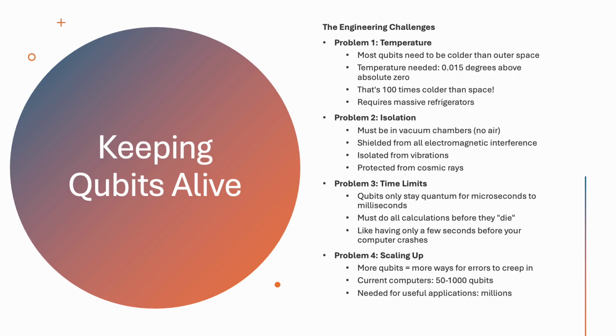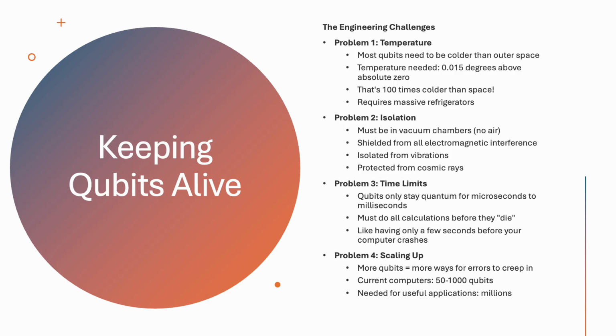The entire apparatus sits on a vibration isolation system, like shock absorbers, to prevent floor vibrations from disturbing the qubits. Some facilities even shield against cosmic rays from space. All of this infrastructure is needed just to give qubits a chance to maintain their quantum properties for a few microseconds to milliseconds. This brings us to another major challenge: time limits.